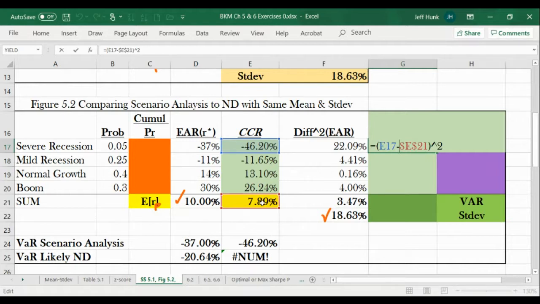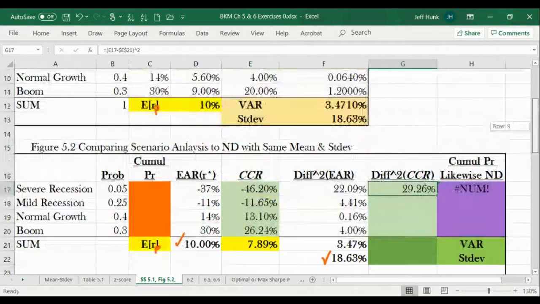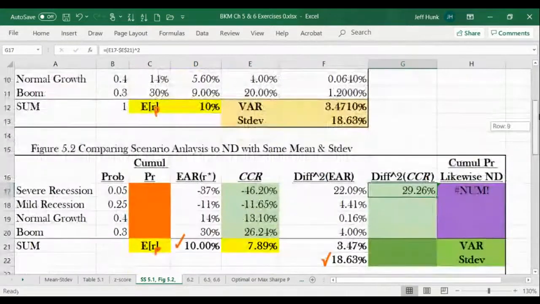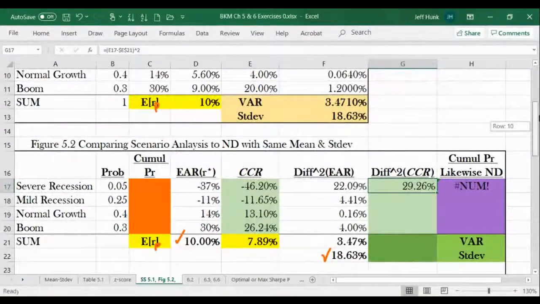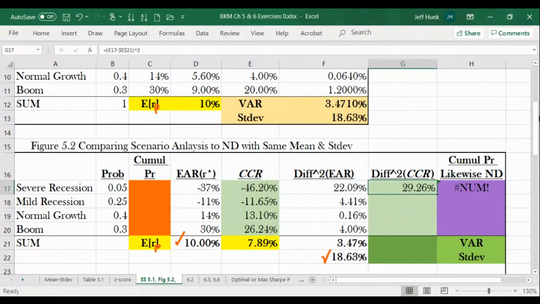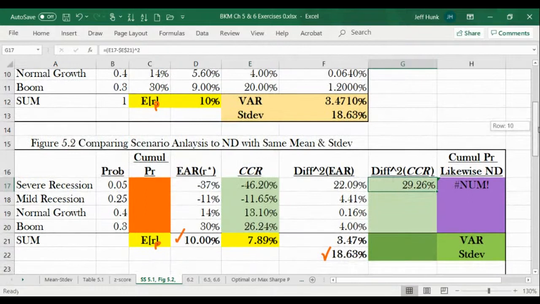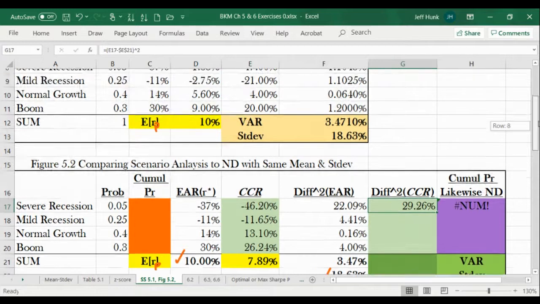That's the difference term, and you square it, because by definition variance is the sum of the squared difference terms, weighted by the probabilities.